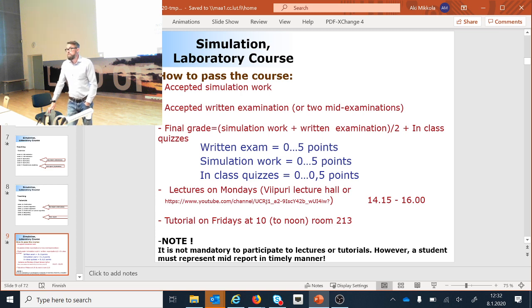The written exam is very different than it was in the previous course, because in the previous course it was an online exam. This time it is a conventional exam, in a way that you have to enroll for the exam, you need to go there in person, and you need to do it using pen and paper.